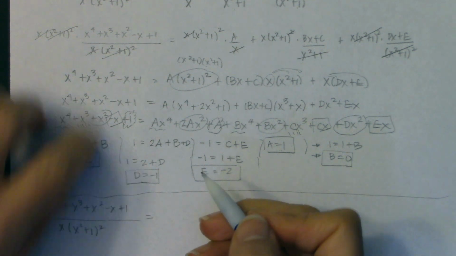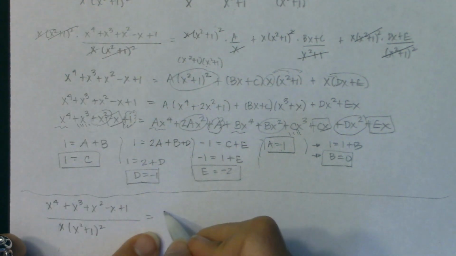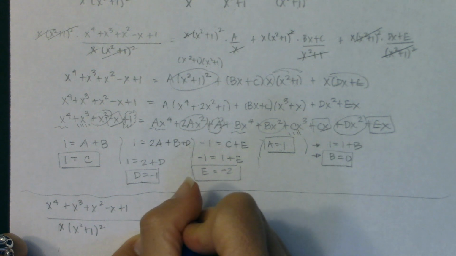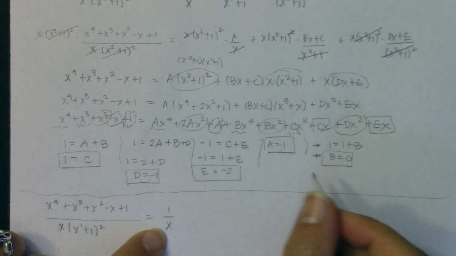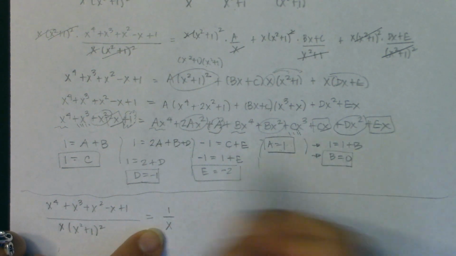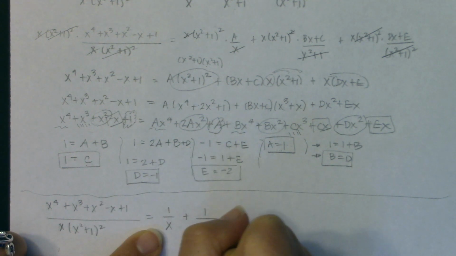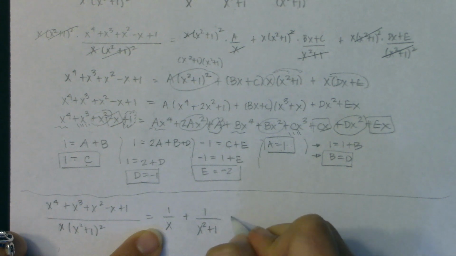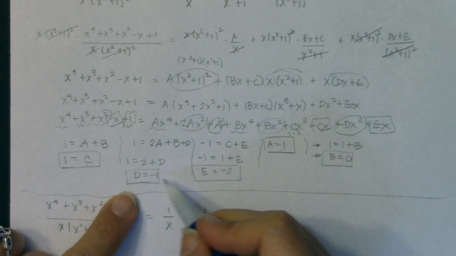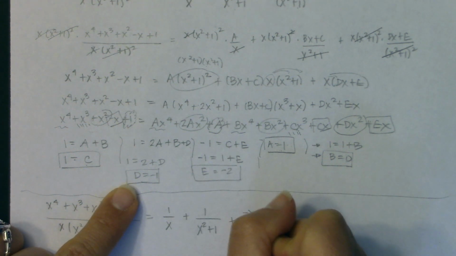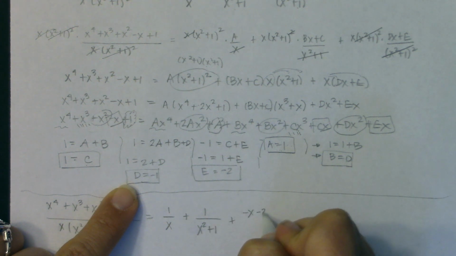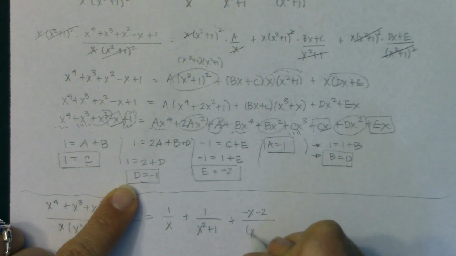That should be equal to a over x, so 1 over x. Then bx plus c would be 1 over x squared plus 1. Then dx plus e, negative x minus 2 over x squared plus 1 squared.